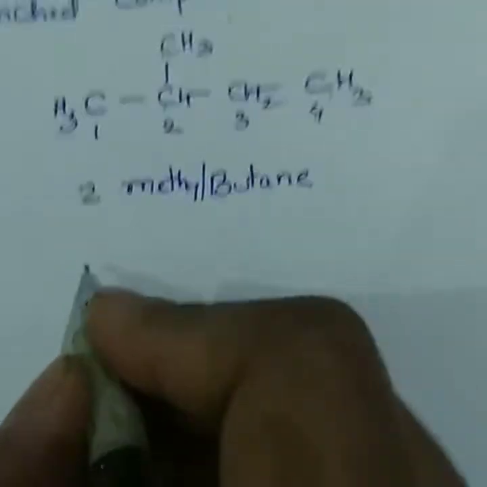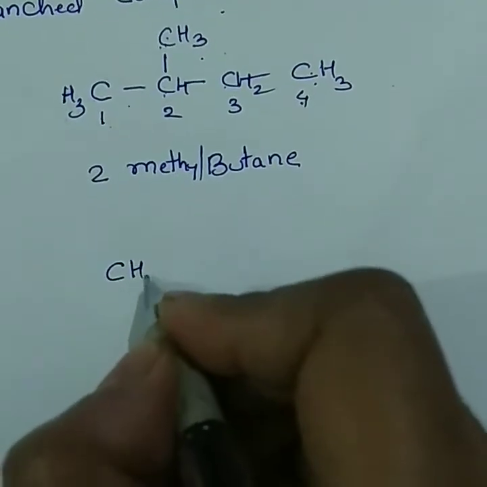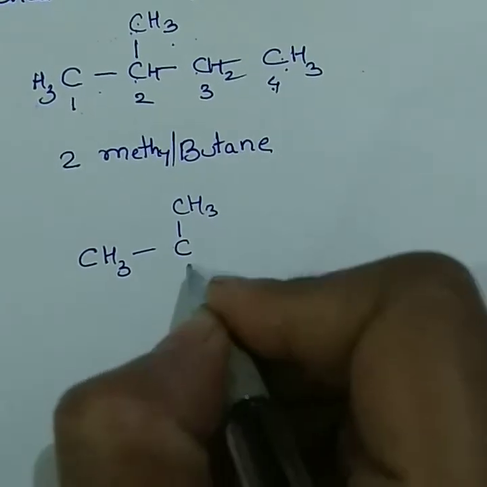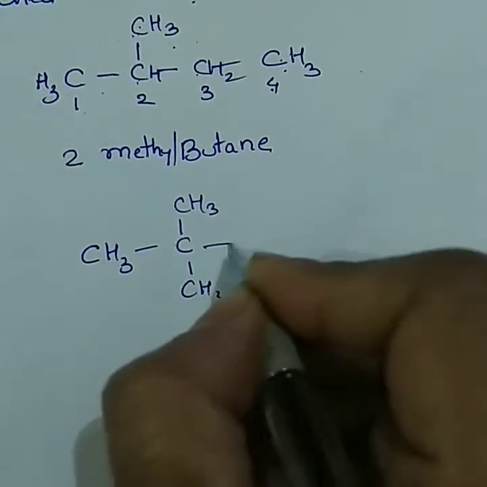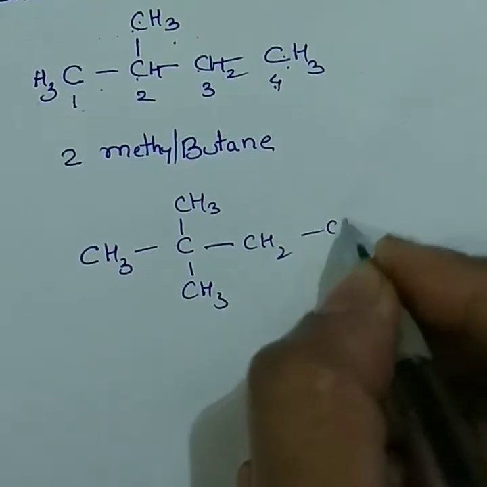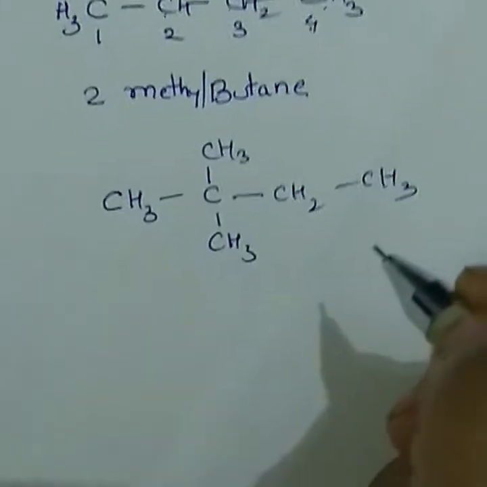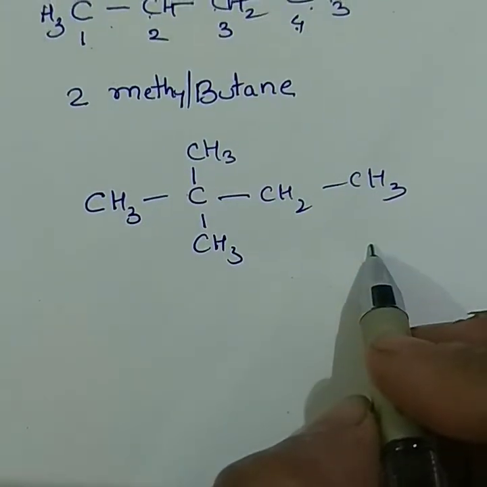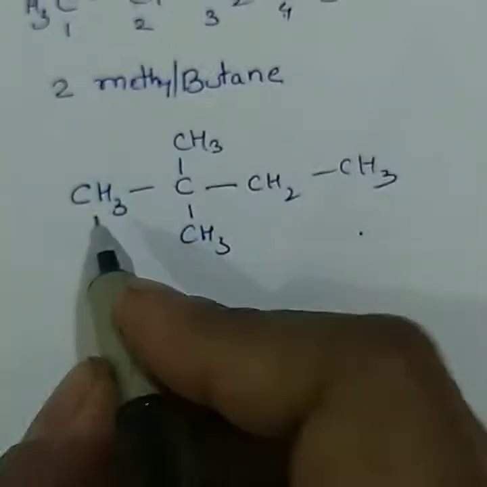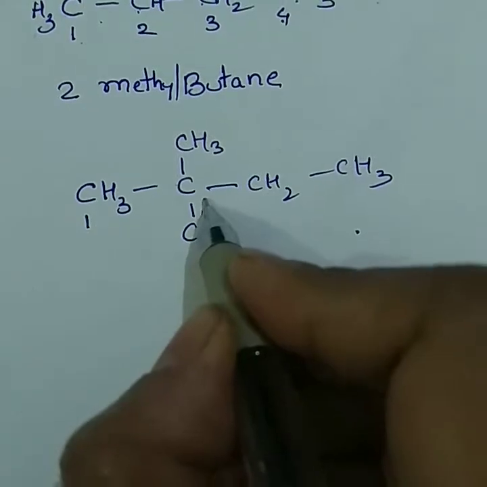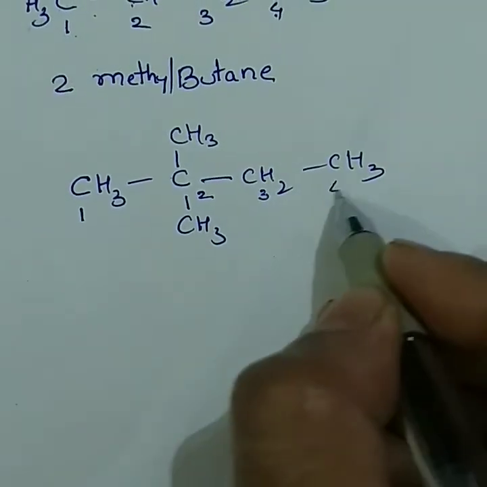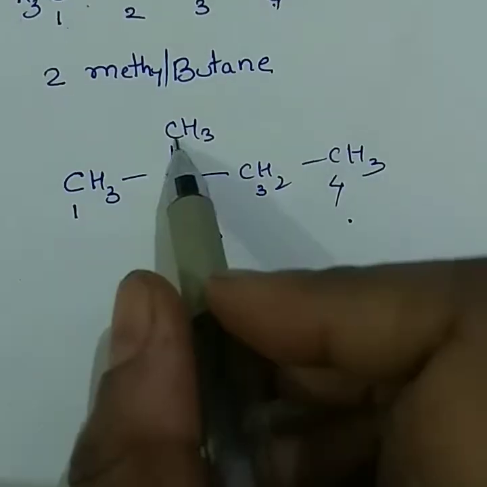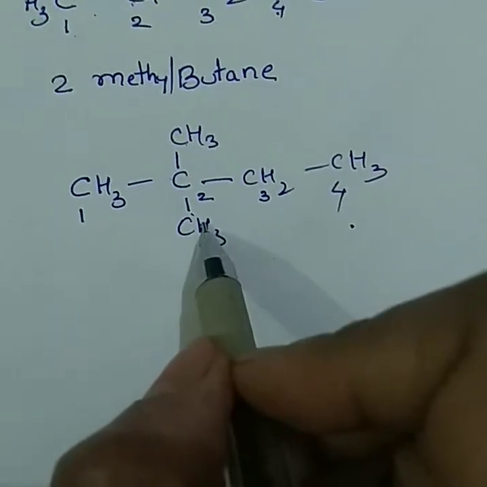One more example of branched compounds. CH3, C, CH3, CH3, CH2, CH3. So the carbon chain can also exist in this form. To write the name, number the longest chain with 4 carbons. The second carbon contains 2 branches.